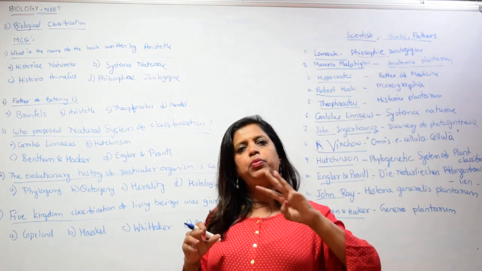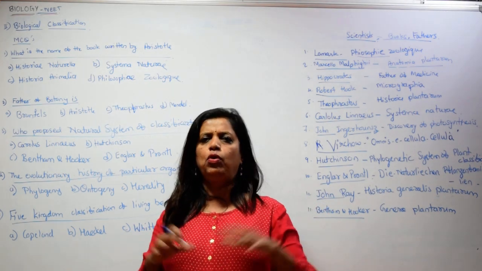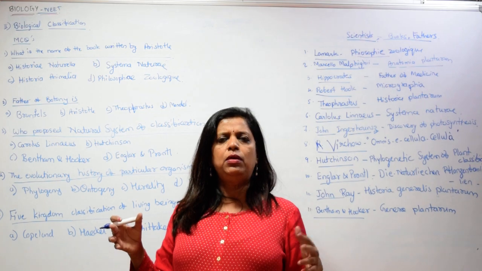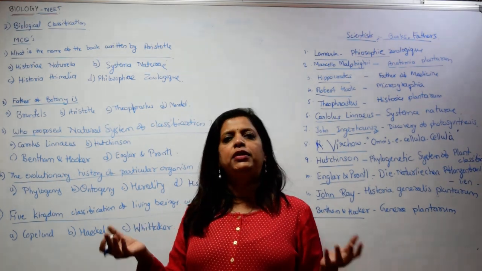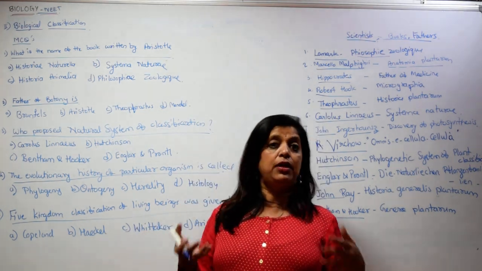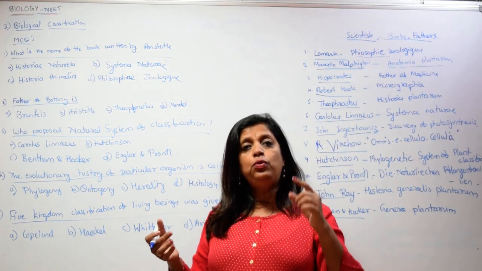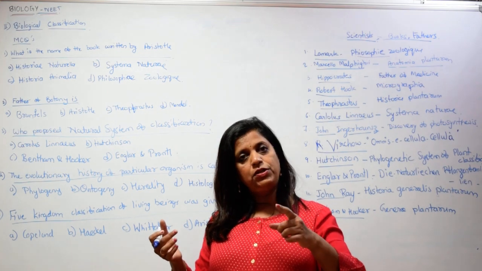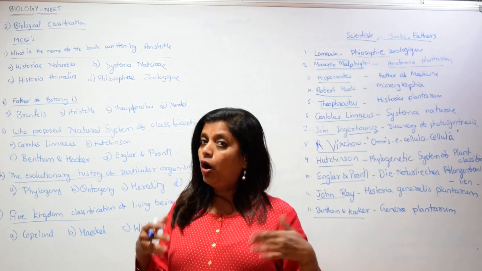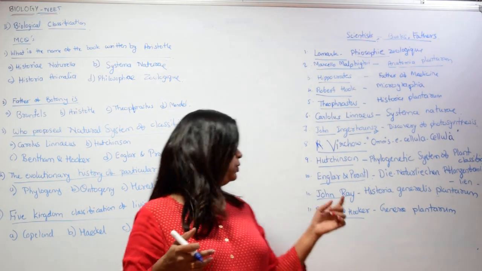They are the main people who classified the plants. Almost 90% of plants they took, classified, named, and gave the characters in their books. Therefore, you should remember their classification, their naming pattern, and on what basis they classified the plants.